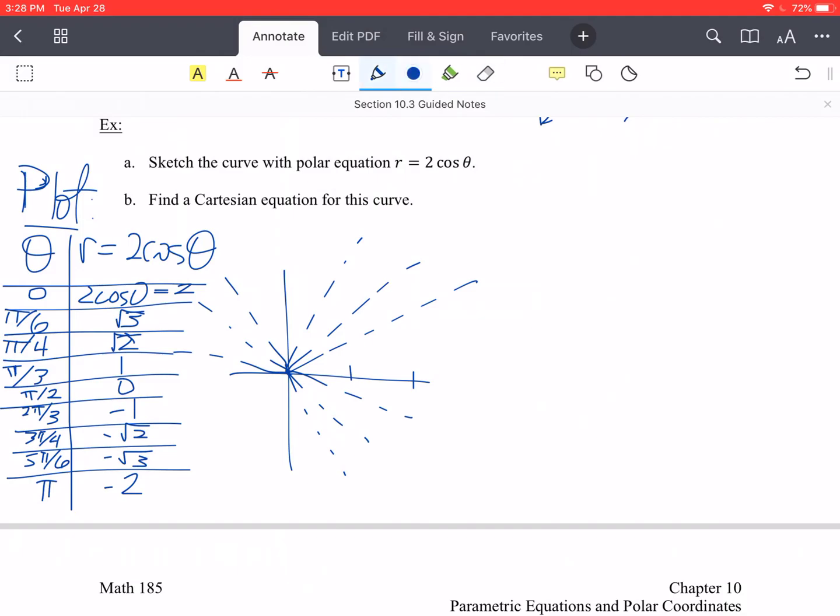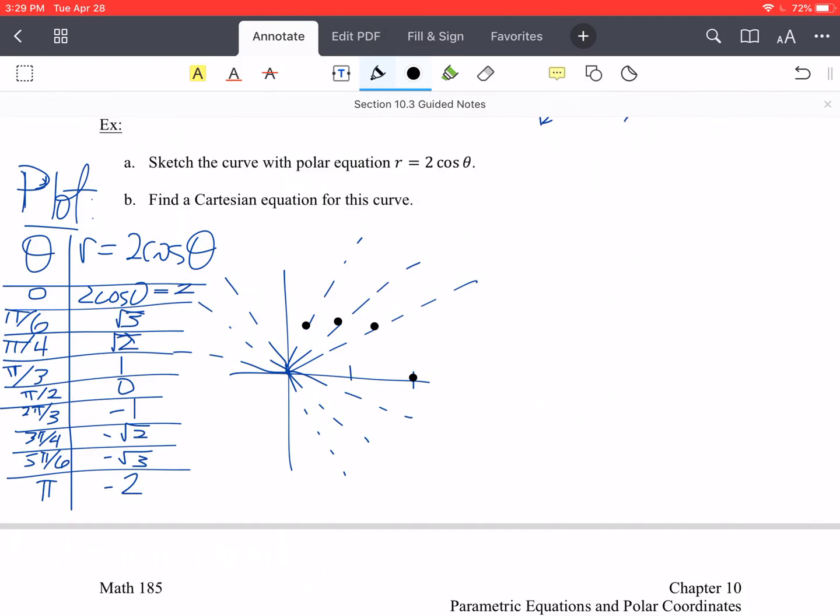All right. So let's go back and plot these points now. So 0, 2, that's going to be out here. Pi over 6, root 3: root 3 is a little bit bigger than 1, so that one's going to be right around there. Pi over 4, root 2, that's a little bit less than 2, so it's going to be right there. Pi over 3, 1, so that's going to be right about there.